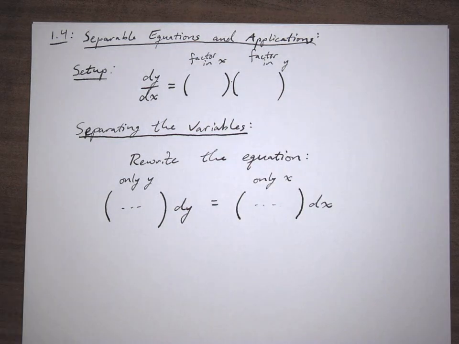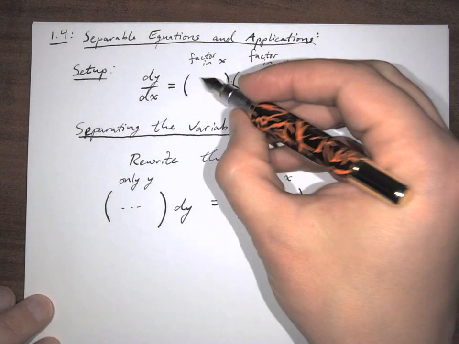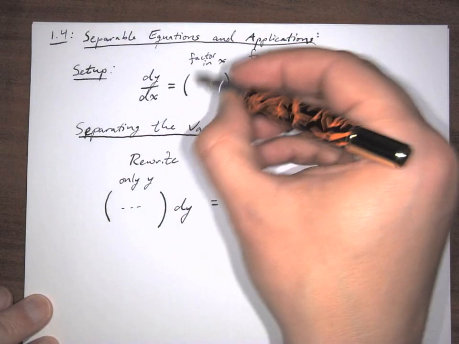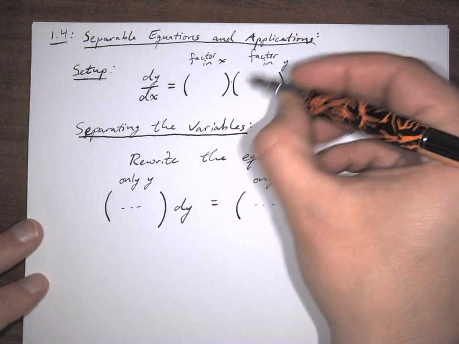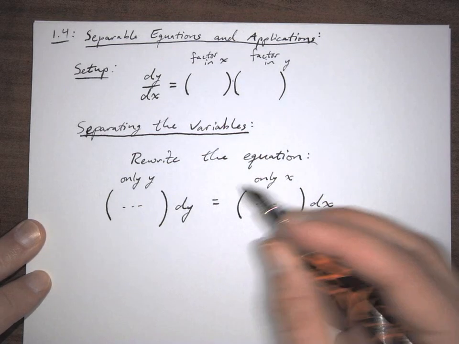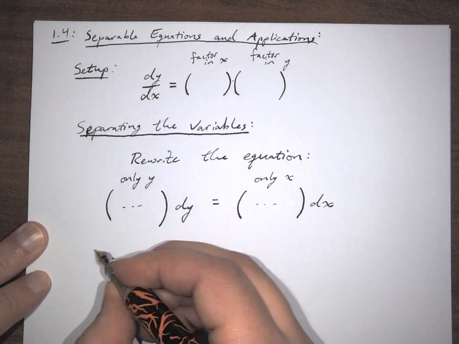Now this one is actually the same as just the classical factor in x. This one is going to be 1 over whatever the factor in the y was, but that's not important. We'll see how this all works. Then once we have this, we will integrate both sides.